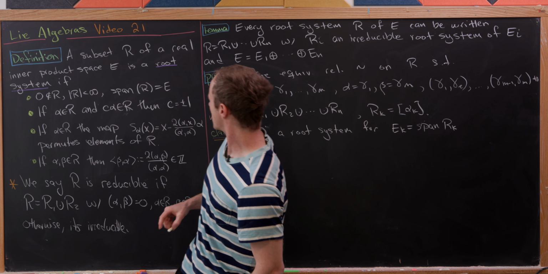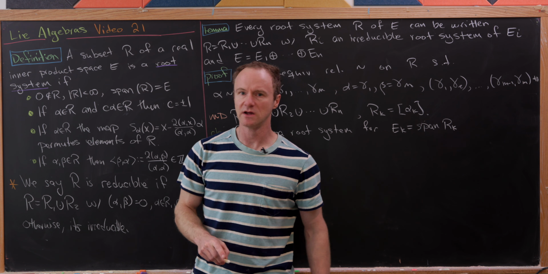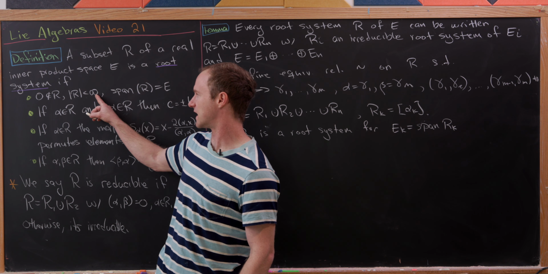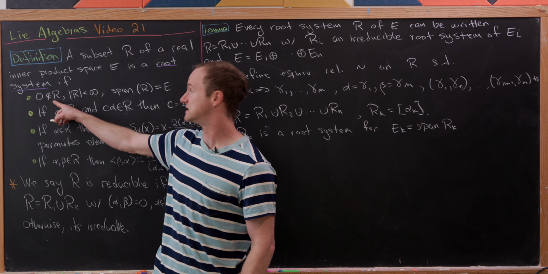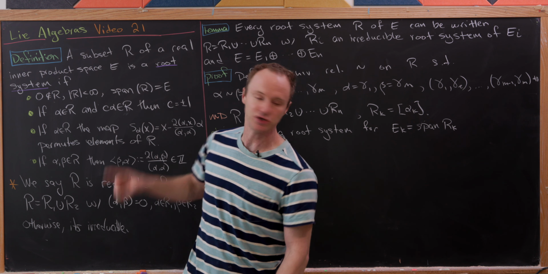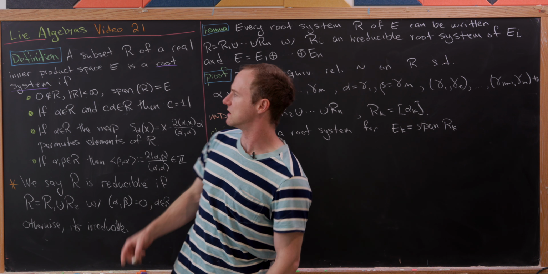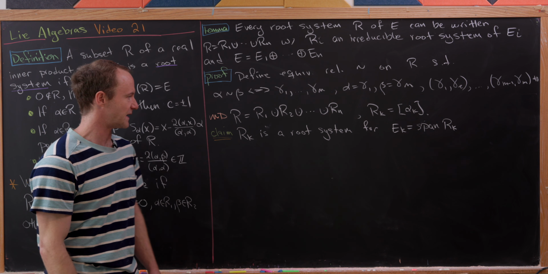And that means that we've fulfilled both of these rules here, because since the original R was finite and didn't contain 0, then upon this new assumption we have this first bit of being a root system already.